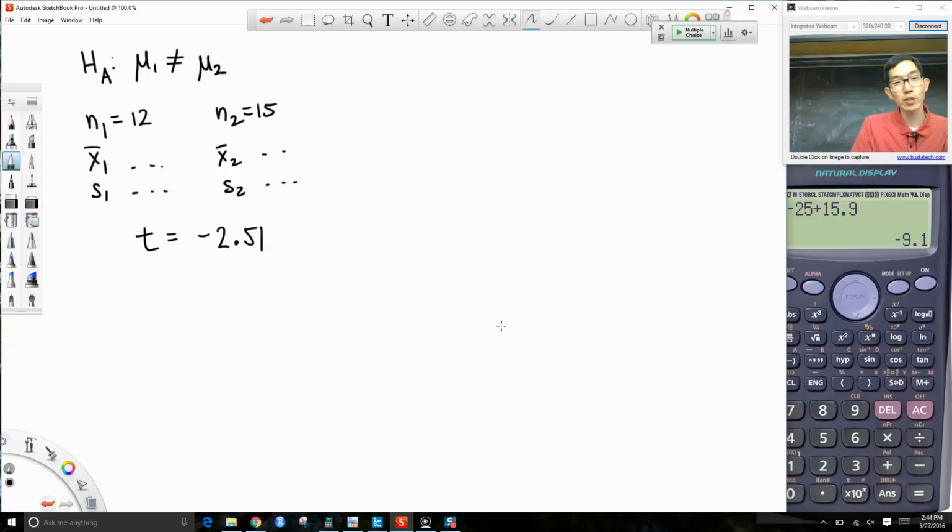So figure out your p-value, and the ultimate question here is, based on your results, what decision do you make regarding the null hypothesis?